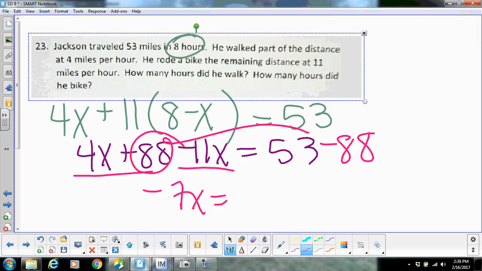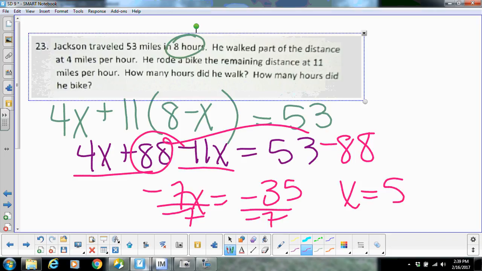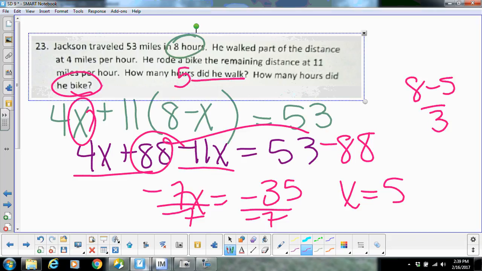Okay, 53 minus 88 is going to give us negative 35. So when we divide by negative 7, x is going to equal 5. Okay, 5 is x, and remember, x is the time he was walking. It asked about walking, so that would be 5. And also about riding his bike, so it's going to be 8 minus 5, which is 3 hours for biking.